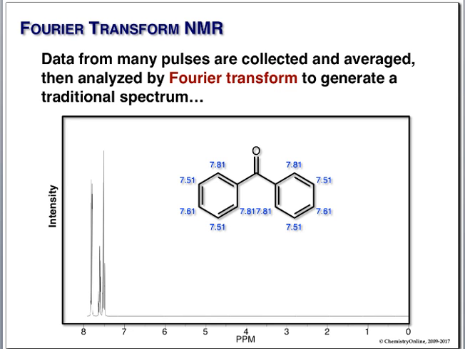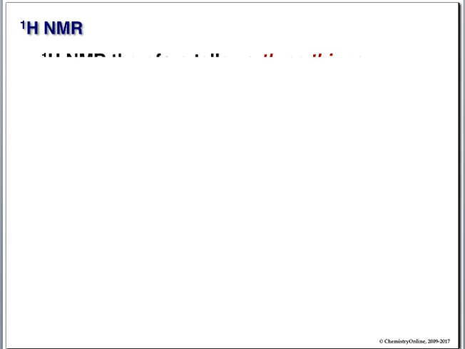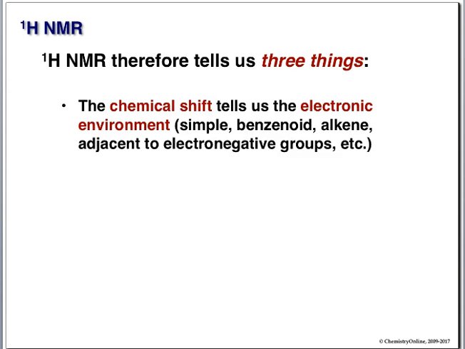All right, what's our take-home lesson here? What does proton NMR tell us? Chemical shift tells us the electronic environment. Simple, down at low chemical shifts. Benzene's up around 7. Alkenes maybe 5-ish. Electronegative groups between 2, 3, 4, whatever. Chemical shift tells us the environment of your proton.